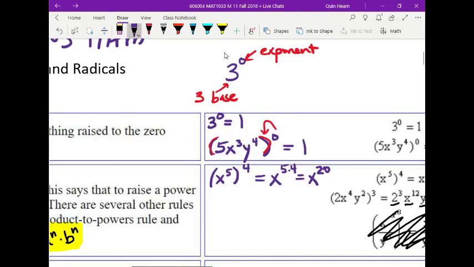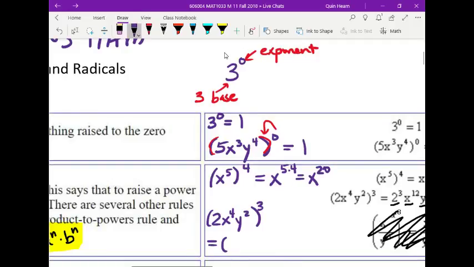Now I told you this powers to powers idea is often used in combination with the fact that when you raise a product to a power, you can just raise each part to that power. What I meant by that is in an item like this one, 2x to the 4th y squared raised to the 3rd power, the whole thing's being raised to the 3rd power.